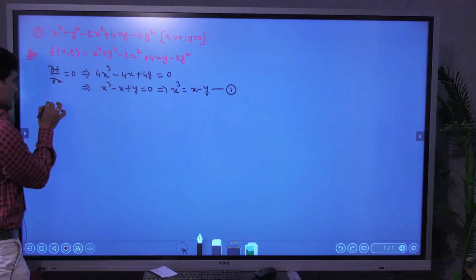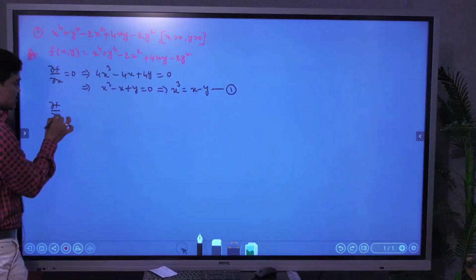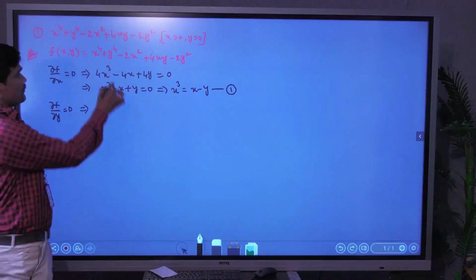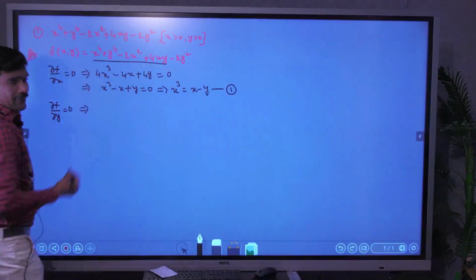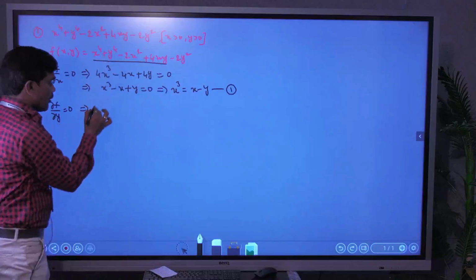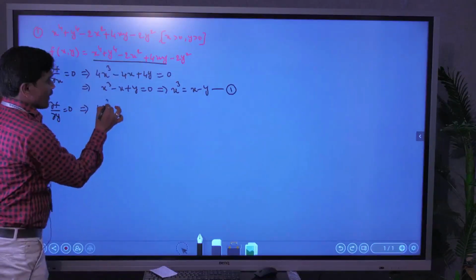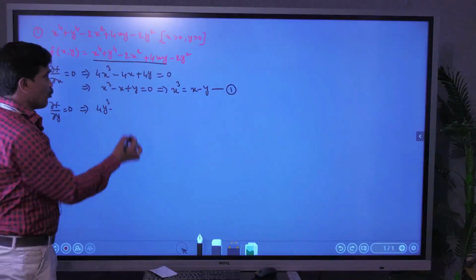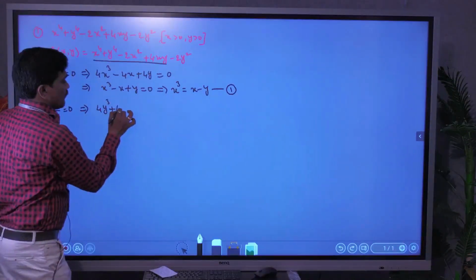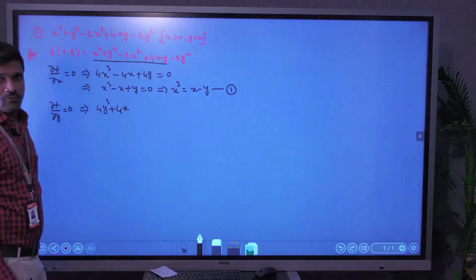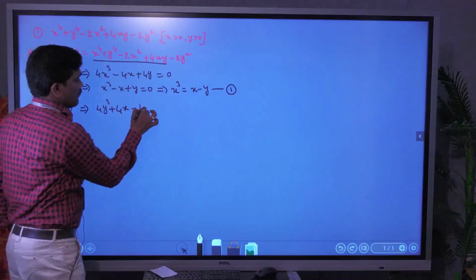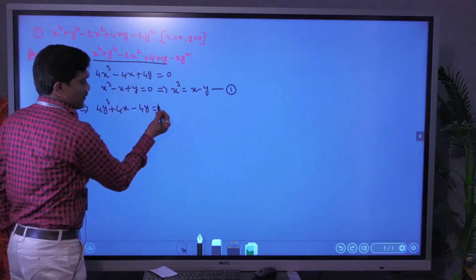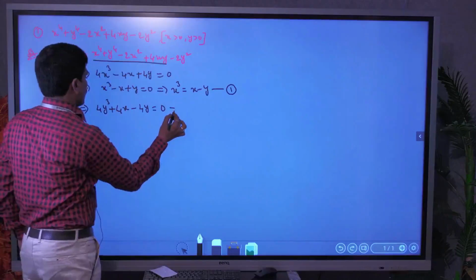Now write dou f by dou y is equal to 0, the derivative of f with respect to y. For this function with respect to y, x power 4 has derivative clearly 0, y power 4 gives 4y cube, minus 2x square with respect to y is 0, plus 4xy, with 4x constant and y derivative 1, gives 4x, minus 2y square, derivative 2 into 2y, gives 4y, equal to 0.